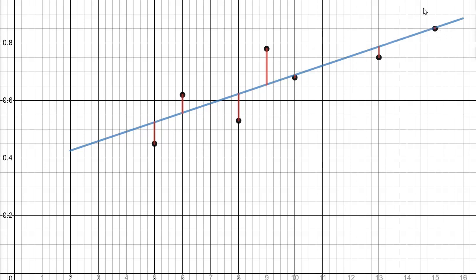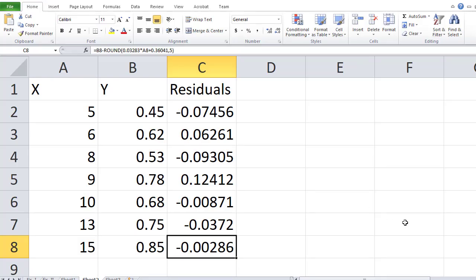It's still going to be hard to find out whether the point is on the line or off the line right here. But that's the usefulness of calculating all these residuals.